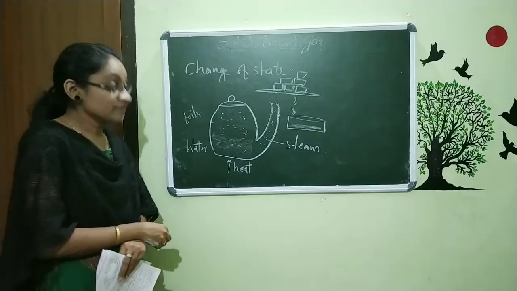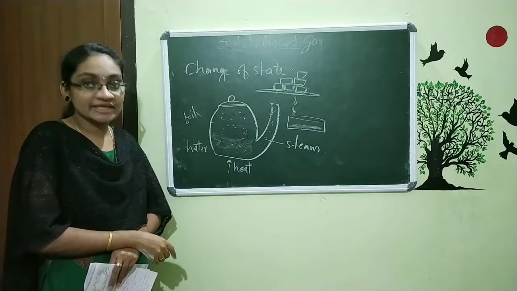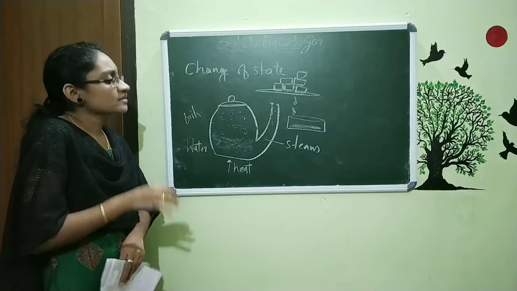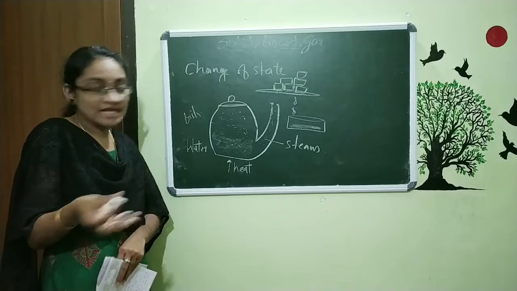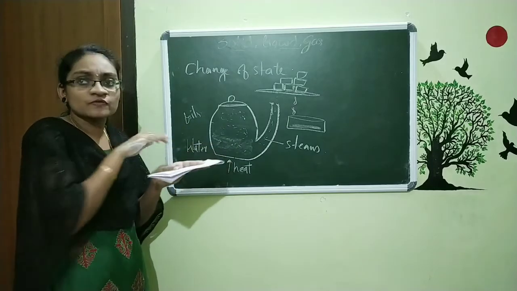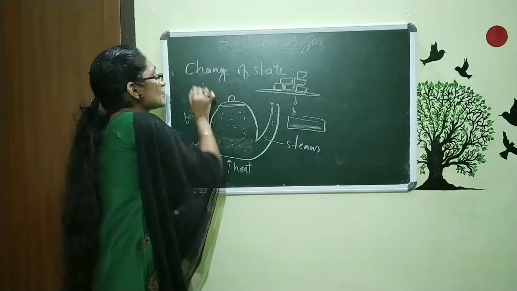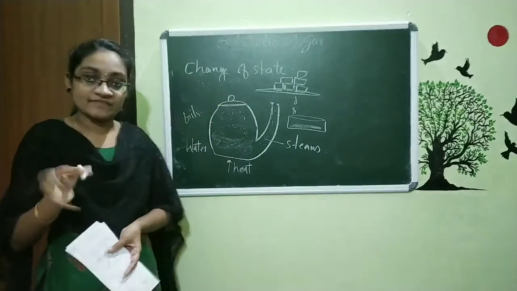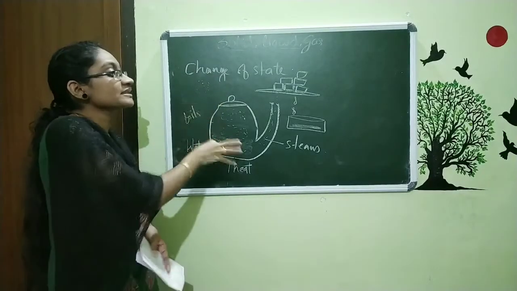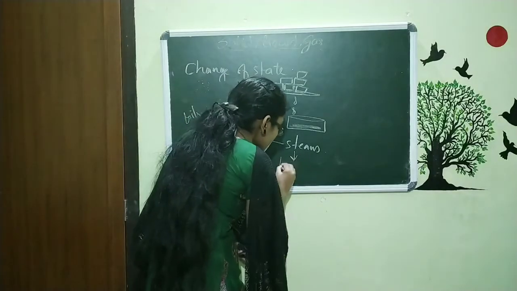That means here the steam is converted to liquid again. Simply we can say that the water is getting steam, and when we are closing that steam with some sort of lid or anything, you can see the water droplets are there on the lid. That is the same thing, that conversion of steam into liquid, steam to water.